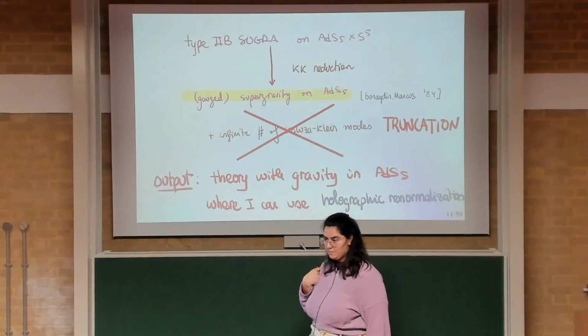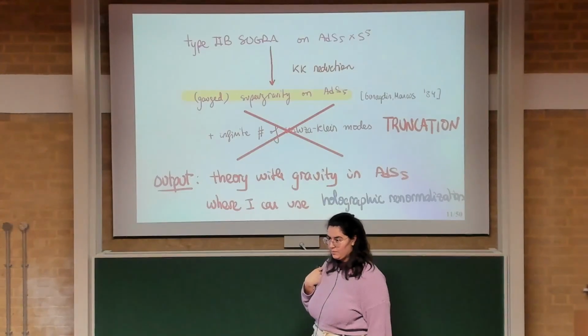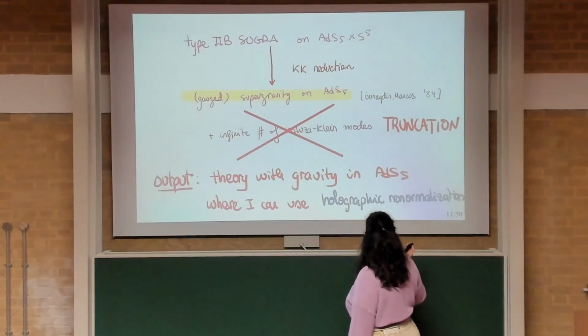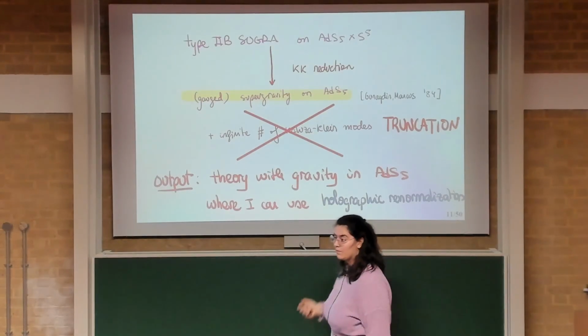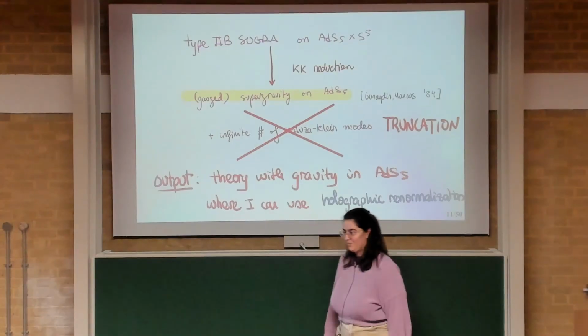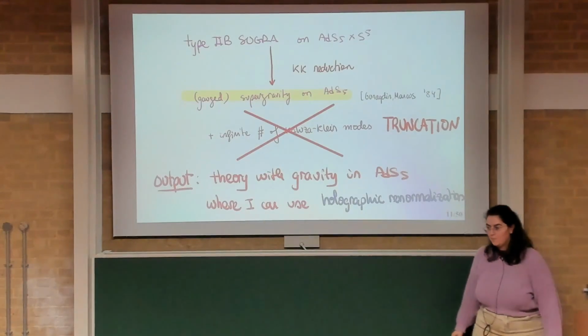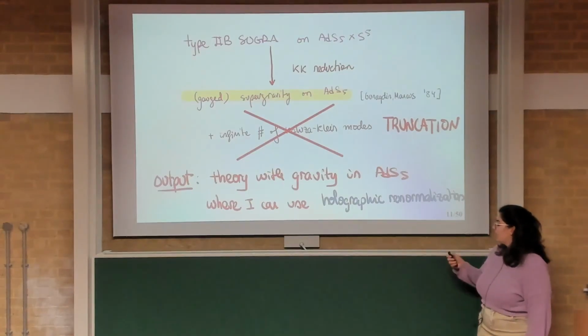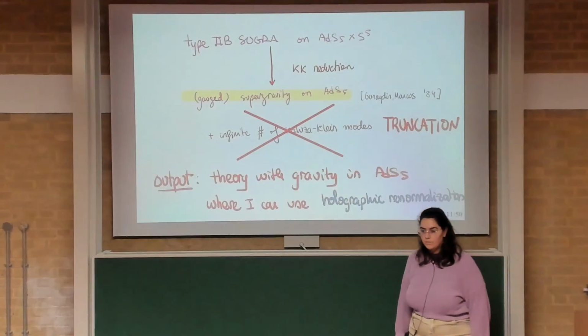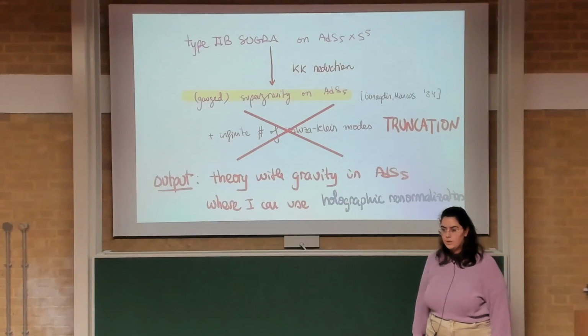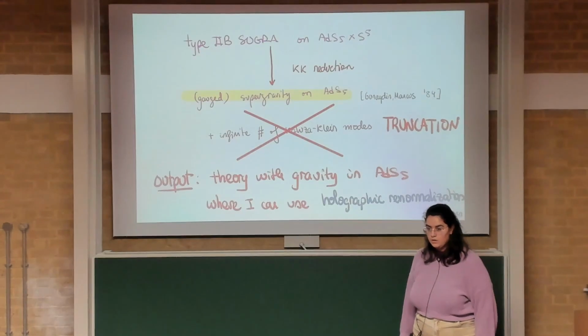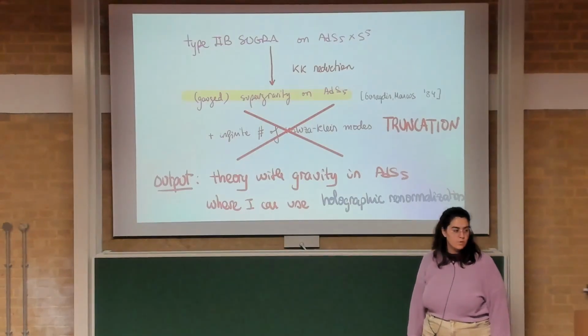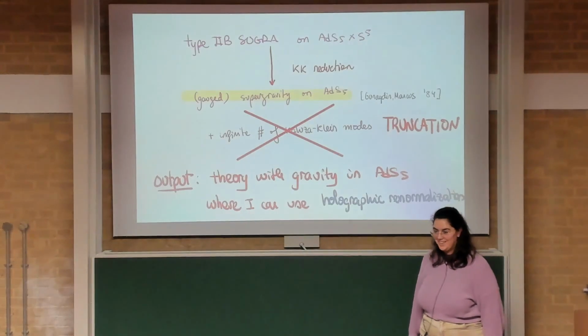Does that make sense? I wanted to explain it; you can explain it in the subsequent slides. Yes, but that is exactly the point I'm trying to make, that you are cutting out all the Kaluza-Klein modes, and therefore you do not have the correspondence of, for instance, scalar operators. Yes, I will put them back.